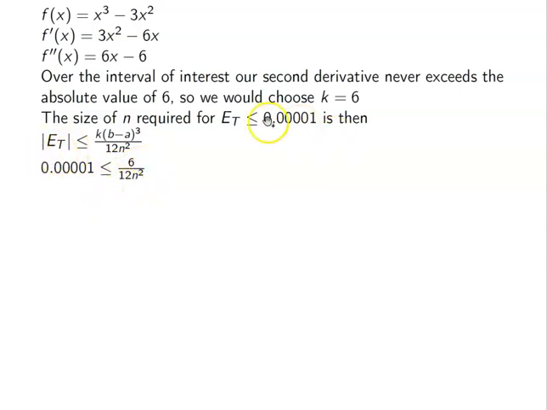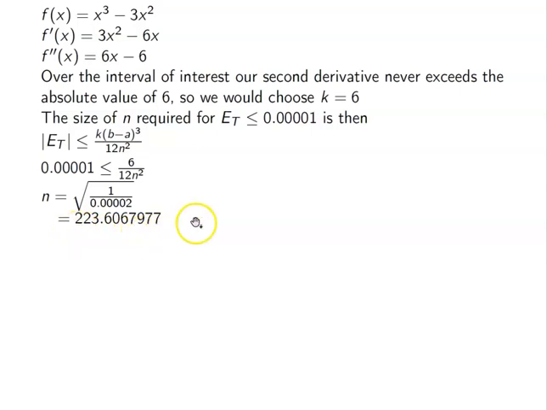My error tolerance, I need it to be less than or equal to this amount. And then I just solve for n. It's probably faster to multiply by n squared, divide by 0.000001 and take the square root. That's much, much faster.